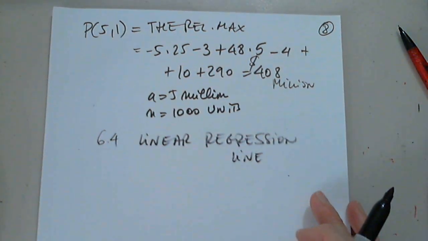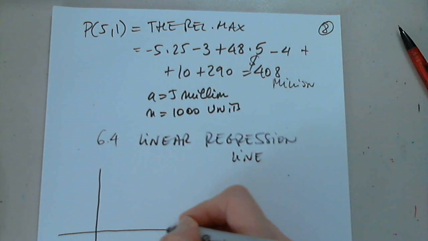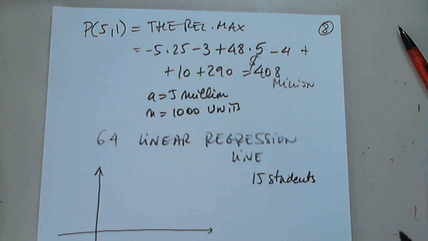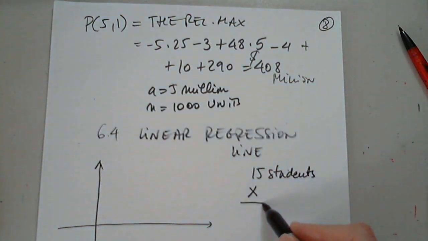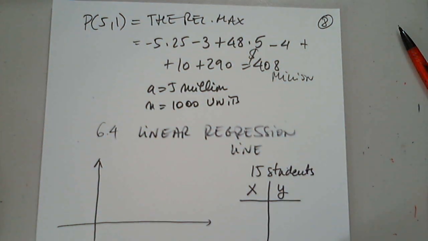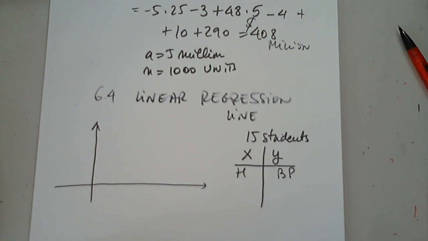Okay. So let's suppose I have 15 students in my class, and I measure 2 variables. Of course, that's why this section is here in chapter 6, because I measure 2 variables on you. Let's say I measure your height and blood pressure. Okay, and when I measure both for each and every one of you, let's say, I'm just making up numbers.